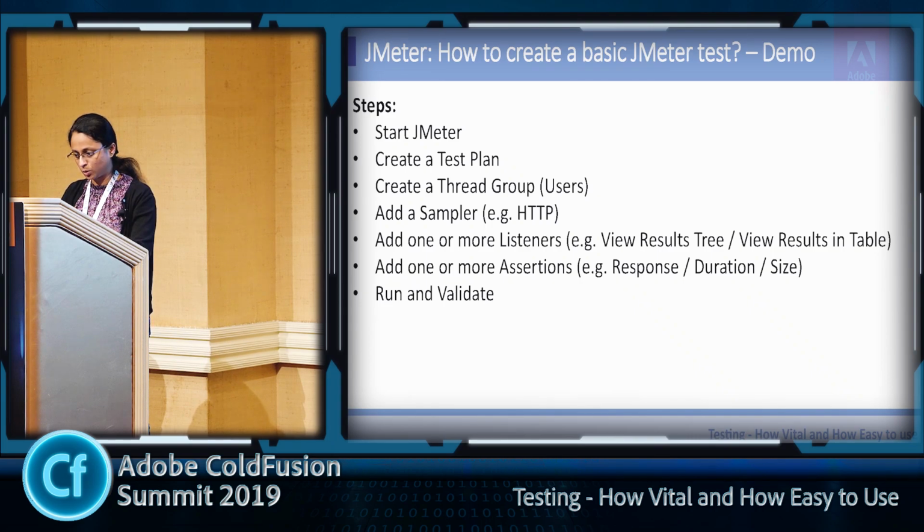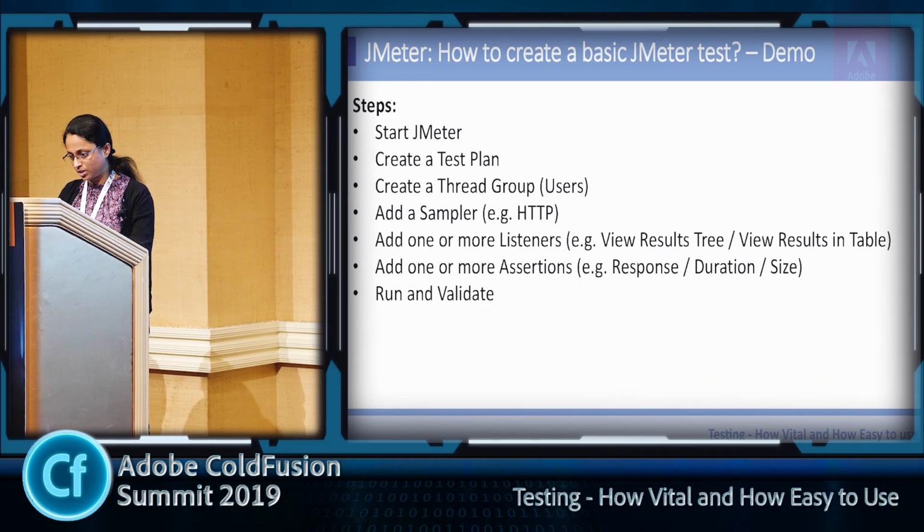Let's say I want to go with 10 users for now, and at the end of 2 seconds I want all these users to hit my website, and I want this to happen 3 times. So this is my basic thread group. I just set up my users. Now, what do you want to test? I want to test my web page, so that's the HTTP request. Let's say I'm just going to test my local site here, which is this.